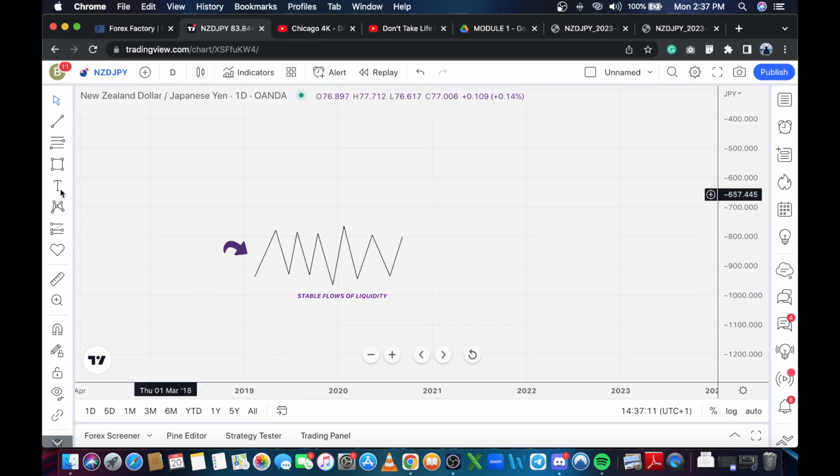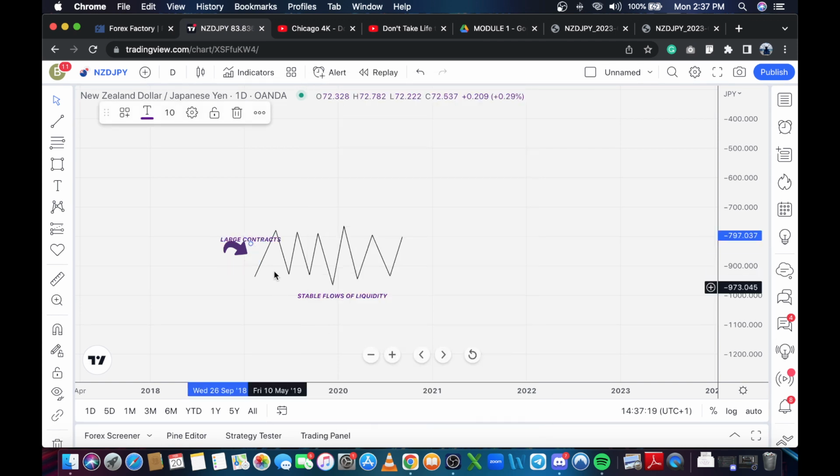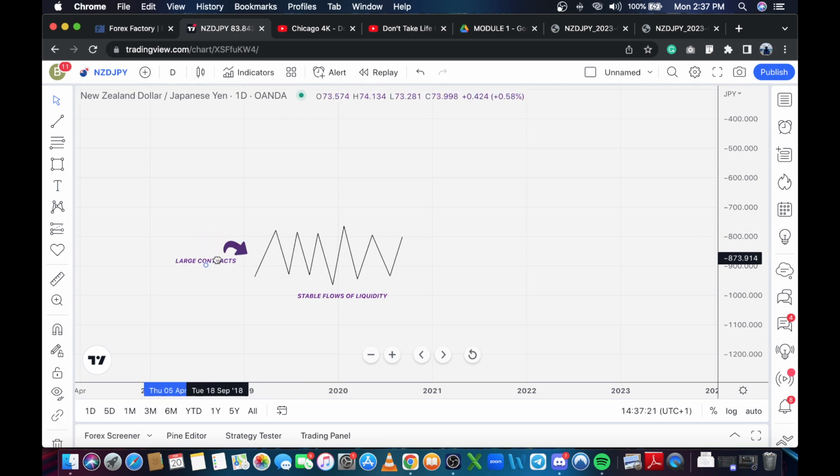So we have an influx of large contracts coming to the marketplace. A large contract comes into the marketplace inside a stable flow of liquidity, and this leads to price expansion. What facilitates the entire process of delivery is simply an influx of transactions into the marketplace.